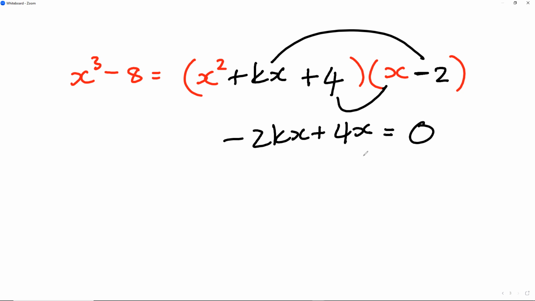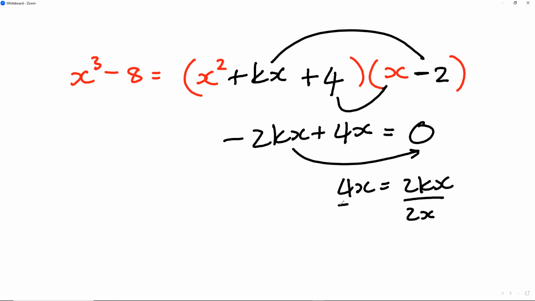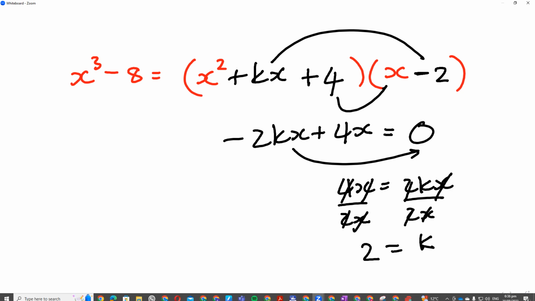What will k become? Now, if I move this to the other side, 4x is equal to 2kx. And I divide both sides by 2x. I get k to be 2.